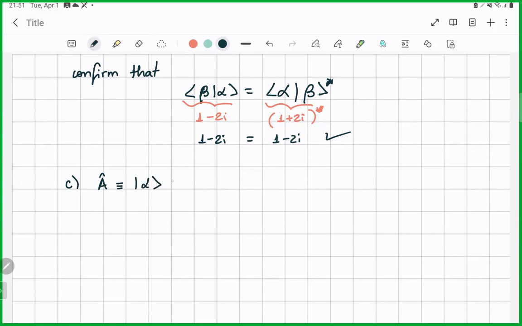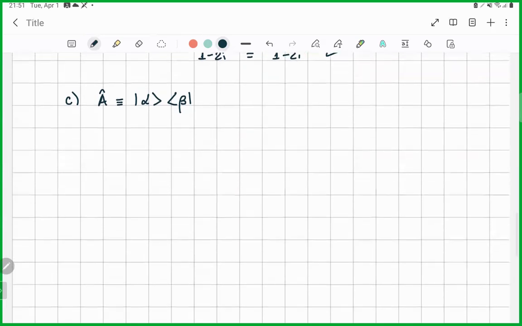Ket for alpha, bra for beta. Okay, so we have this operator. We want to find all elements, and then with these elements, we want to construct the matrix A. Okay, so to construct this matrix, it has to be a 3 by 3 matrix. So let me try to get some space here.